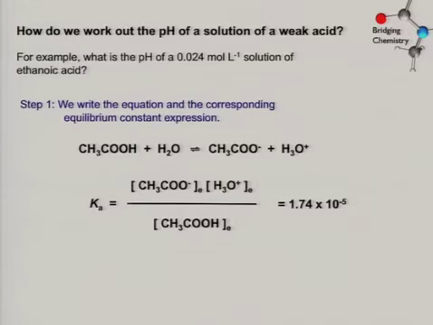And so the Ka for that will be the concentration of CH3COO minus at equilibrium, little e, times the concentration of the H3O plus ions at equilibrium, divided by the concentration of the unreacted acetic acid at equilibrium. And all of that equals a number. That ratio of those concentrations equals a number, and the number is 1.74 times 10 to the negative 5.